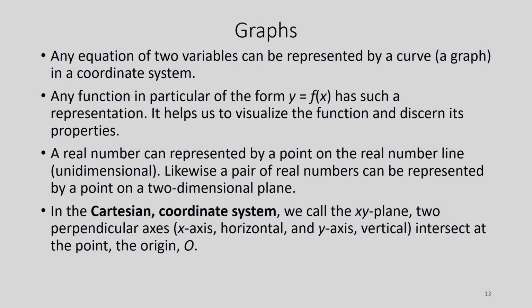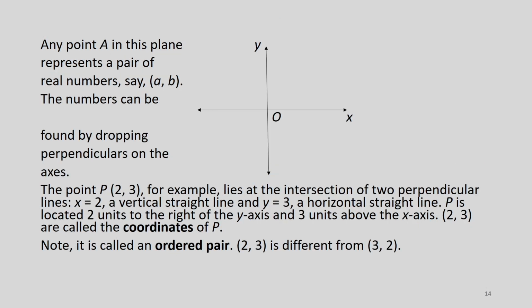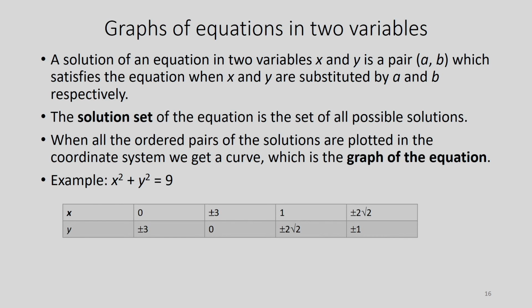Then we talked about what is a graph of a function. Graphs are visual representations. So, you have to have a coordinate system which is called a Cartesian coordinate system, where you have the x axis and the y axis, they are intersecting perpendicularly on each other at the point O, that is the origin, and every point on this coordinate system represents a pair of numbers.